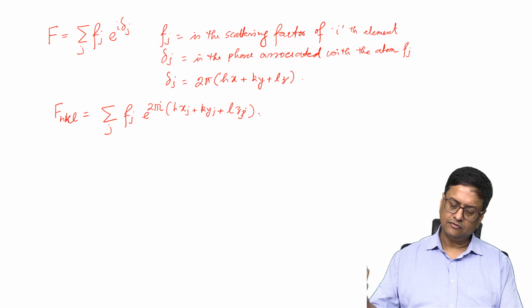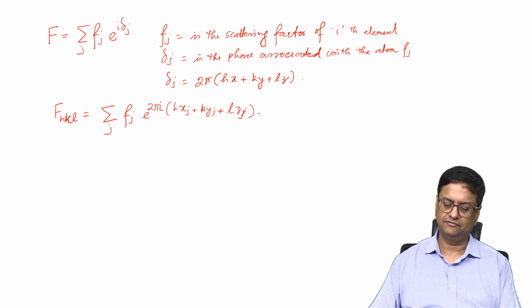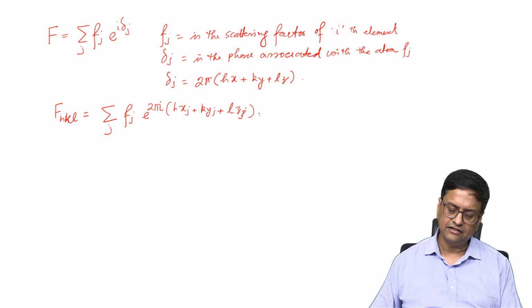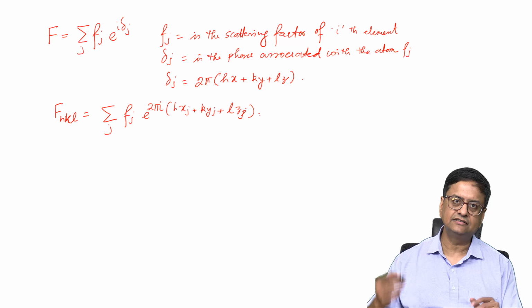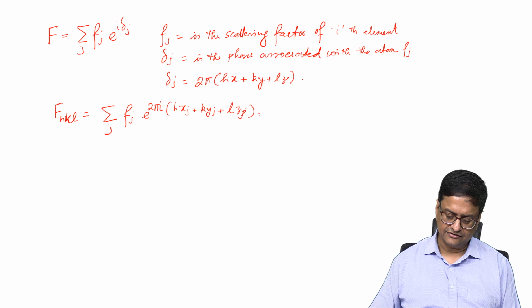Now, when you consider a crystal, we have one asymmetric unit containing some n number of atoms, and then that asymmetric unit is repeated in 3 dimensions inside the lattice using the appropriate symmetry of the lattice.